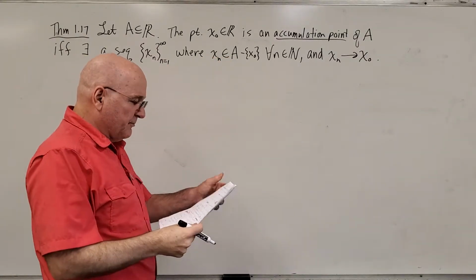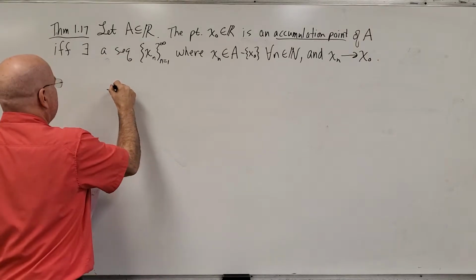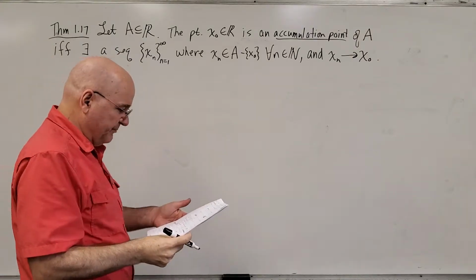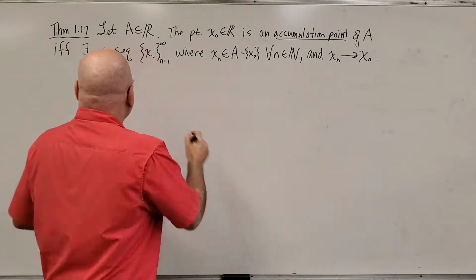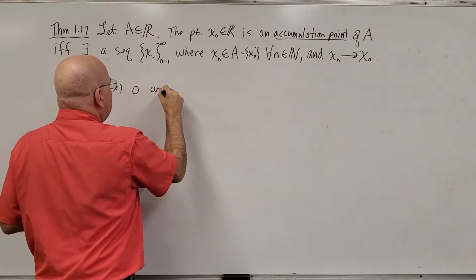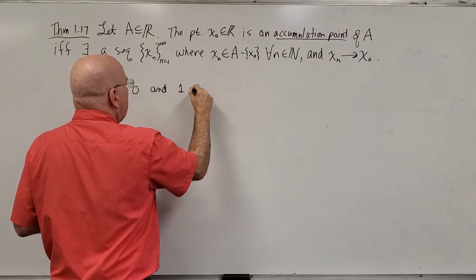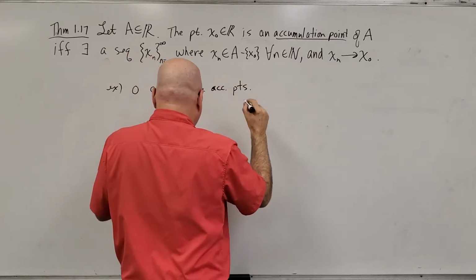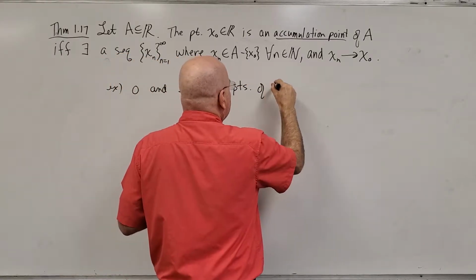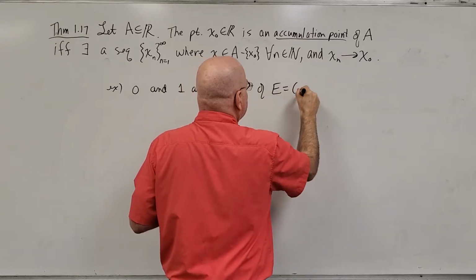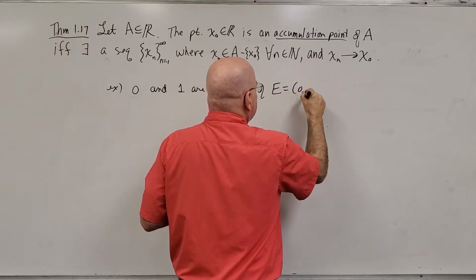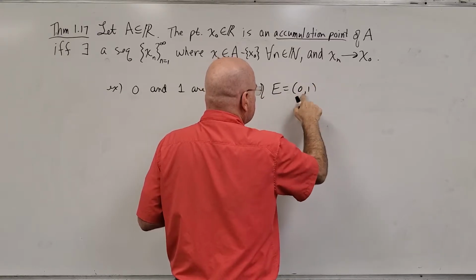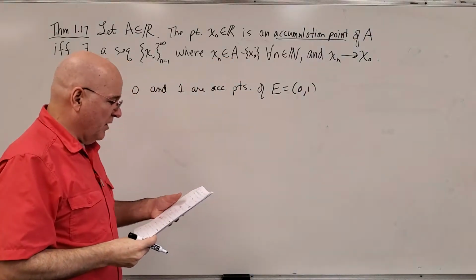So before we go through the proof, let's do a couple of little examples here. Well, we've seen these before. We know that both 0 and 1 are accumulation points of, I'll use E this time, of this set. That's the interval of numbers strictly in between 0 and 1.